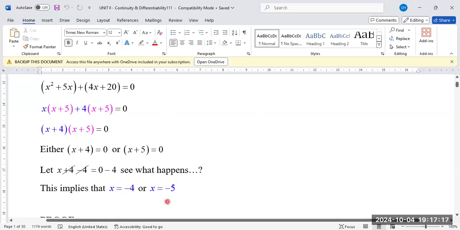So I can say to you that this function has 2 points of discontinuity. What are they? When x is equal to negative 4, or when x is equal to negative 5.